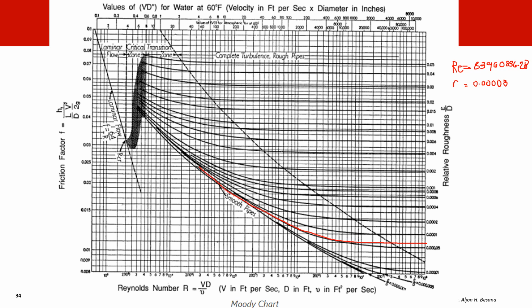Then for our Reynolds number, we have 83 million.